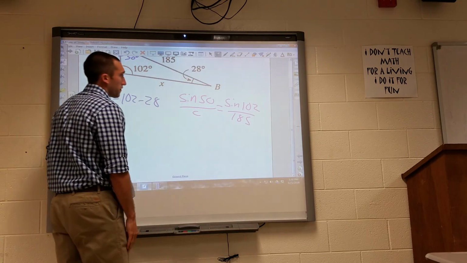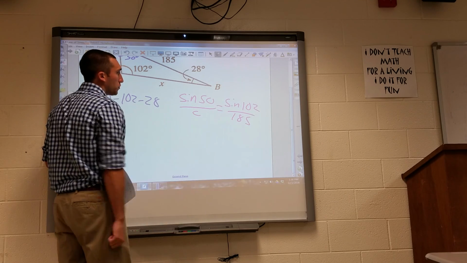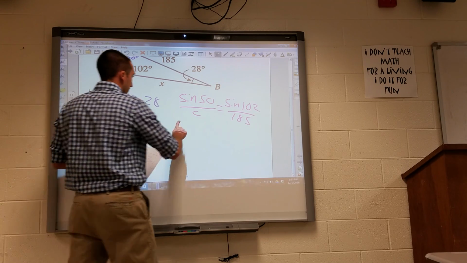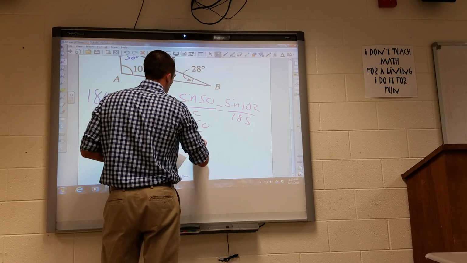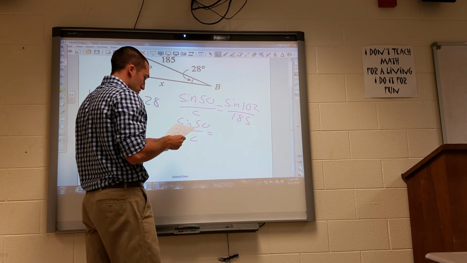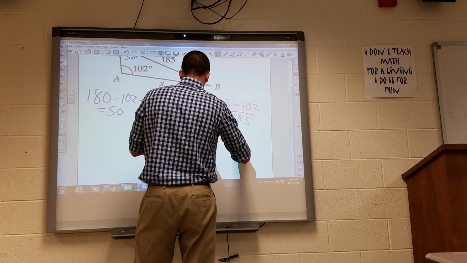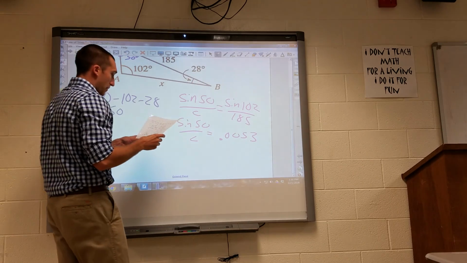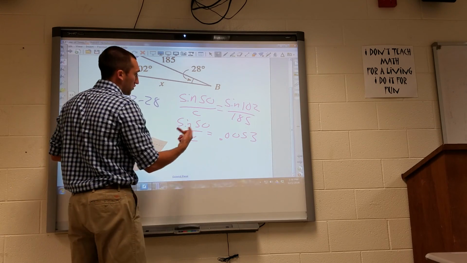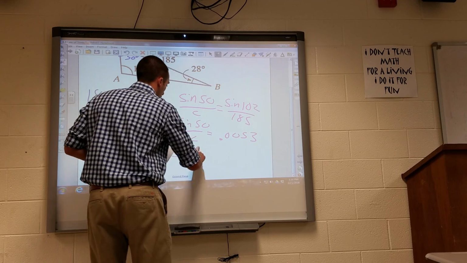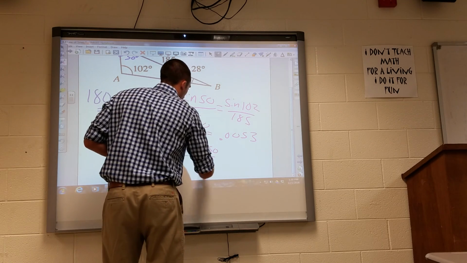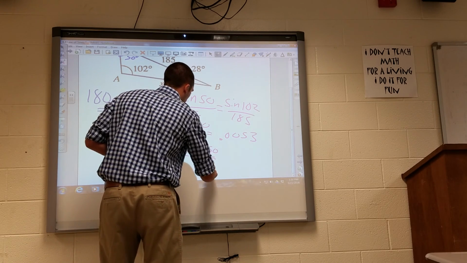And let's see, so if I divide sine of 102 by 85, I get sine 50 over C equals, this gives me a value of 0.0053. And then I can use my trick just to switch it and say C equals sine 50 divided by 0.0053.